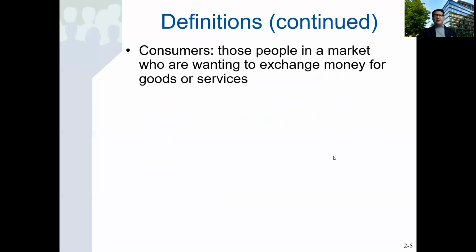Consumers are those people in the market, though consumers can be not just people, but a group of people or an entity as well, who want to exchange money for goods and services. For example, business to consumer, or B2C, is primarily where the consumers are people. But in B2B business models, the consumers are the businesses.